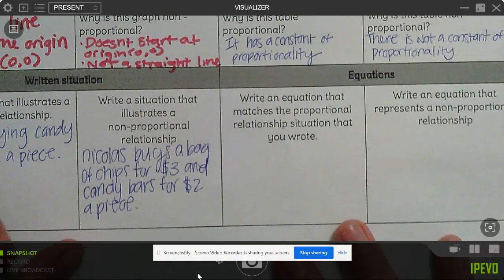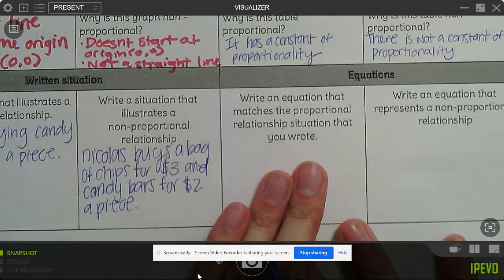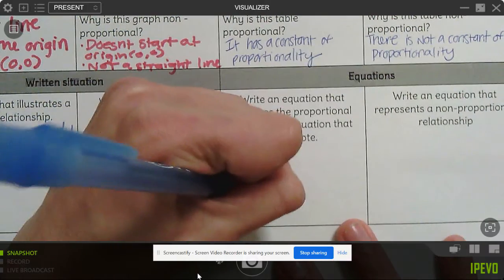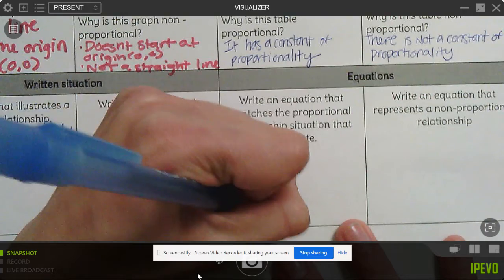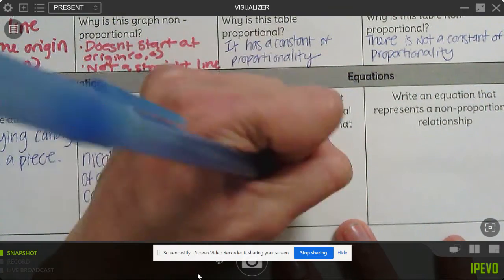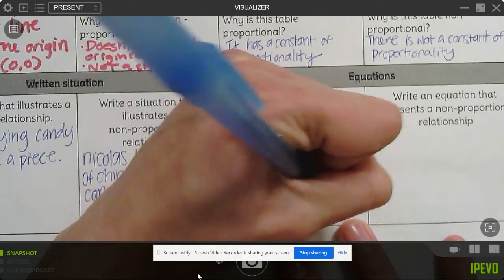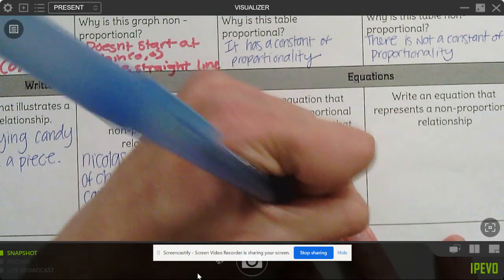Okay, write an equation that matches the proportional relationship you wrote. We could say y equals 2x, where y is total cost, and x is number of candy bars for our proportional.